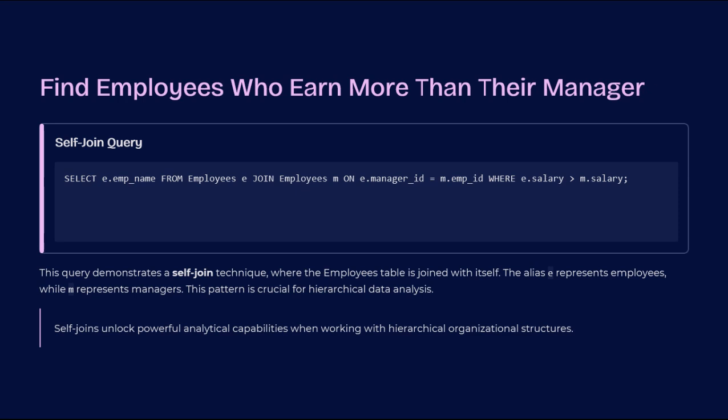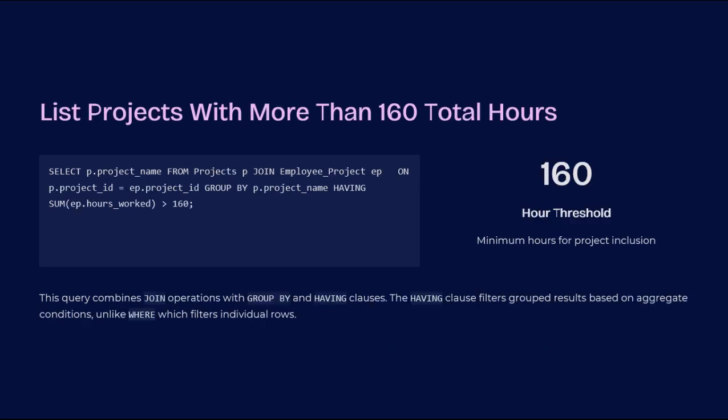This query demonstrates a self-join technique where the employees table is joined with itself. The alias E represents employees while M represents managers. This pattern is crucial for hierarchical data analysis. Self-joins unlock powerful analytical capabilities when working with hierarchical organizational structures.